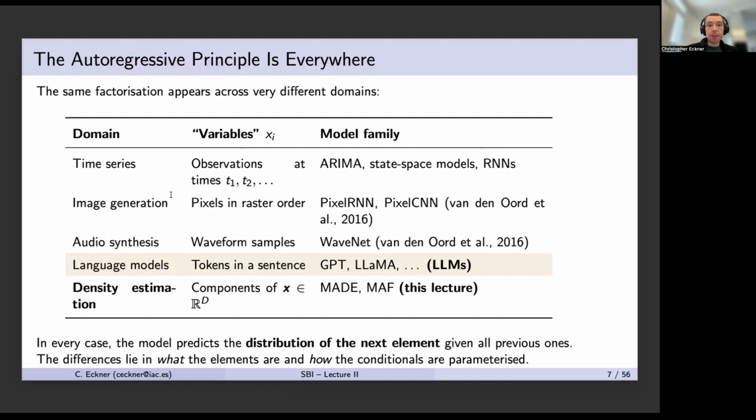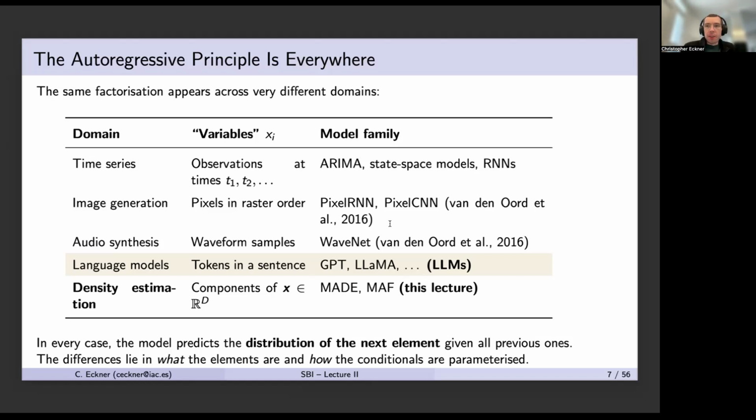And in image generation, you could have, for example, pixels in your image that are in a certain order. Basically, what you say is that a certain pixel is influenced only by its past, so by a certain part of your image. This you can write down as a chain of conditional probabilities.